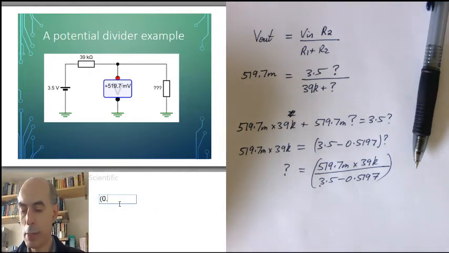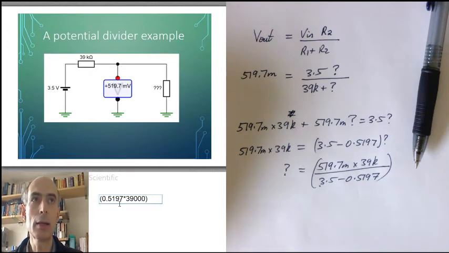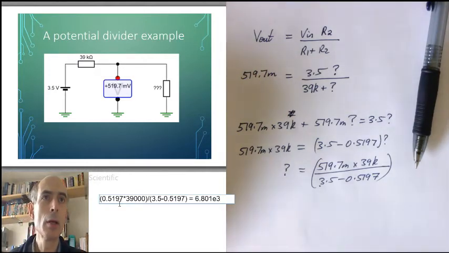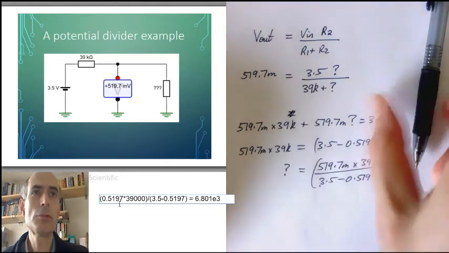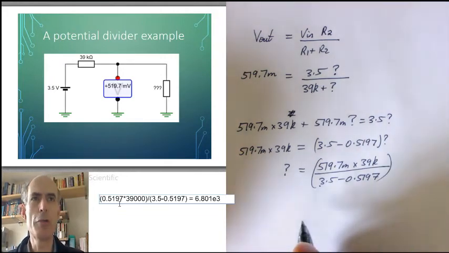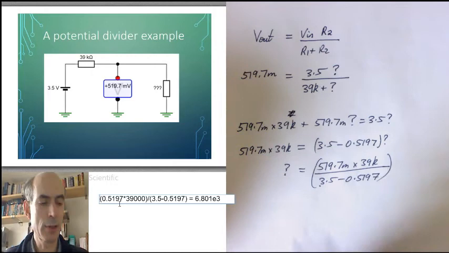519.7 milli is 0.5197 times 39k, which is 39,000, divided by 3.5 minus 0.5197 is just a little bit over 6.8k.